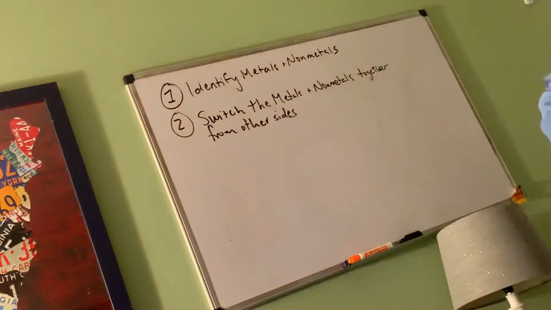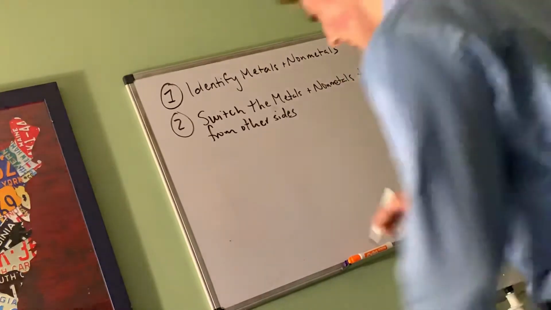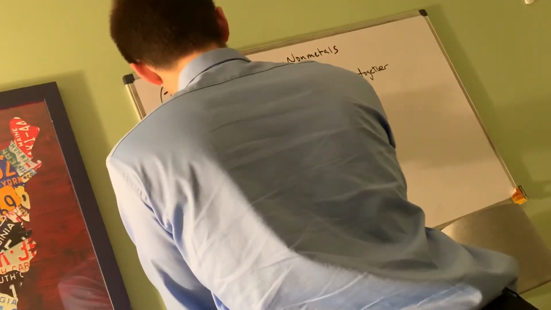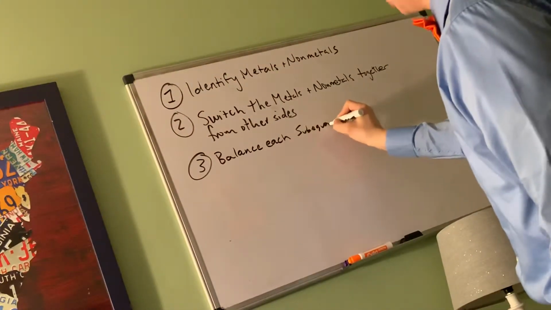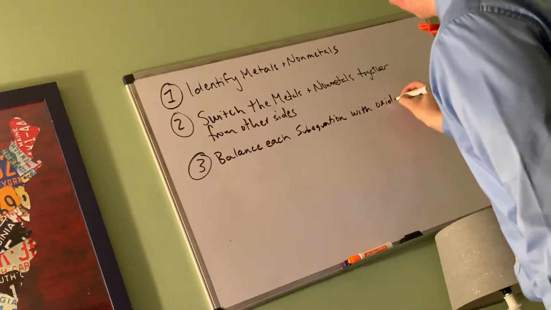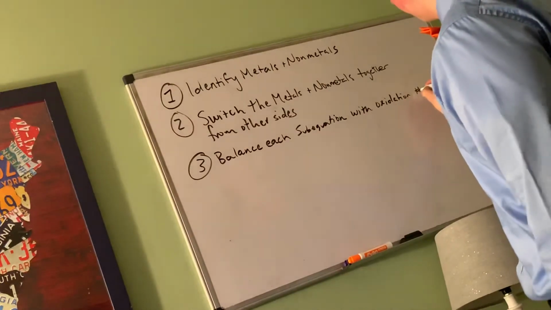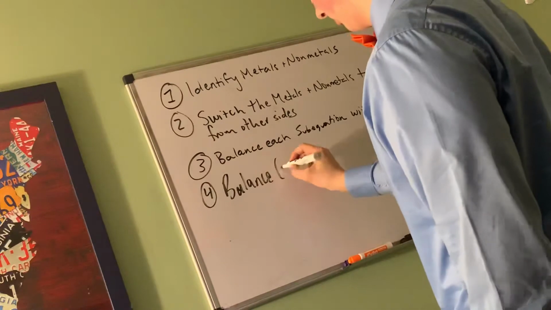If you're confused on that, on the few problems we did, the ones I underlined, you're just going to take it to the other side. Third, you're going to balance each sub-equation, I don't know the technical term, so you're going to balance each plus thing together with oxidation numbers. And then the fourth step is you're going to balance everything to make sure they're the same.